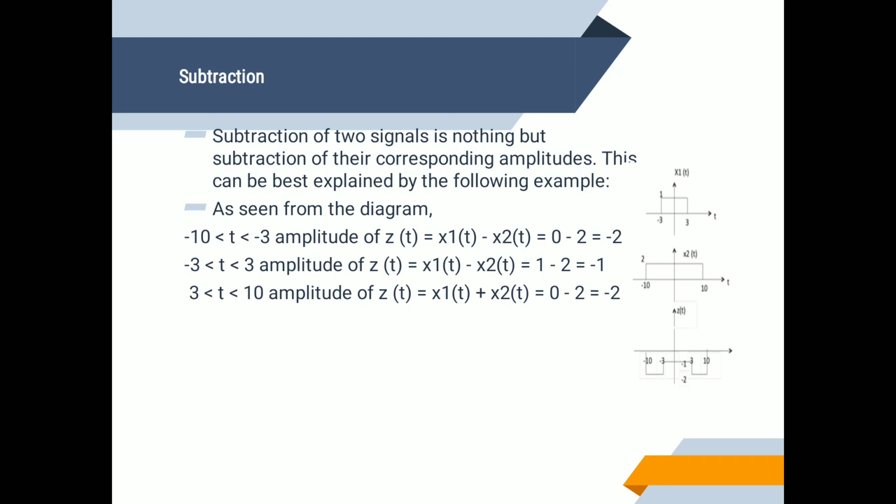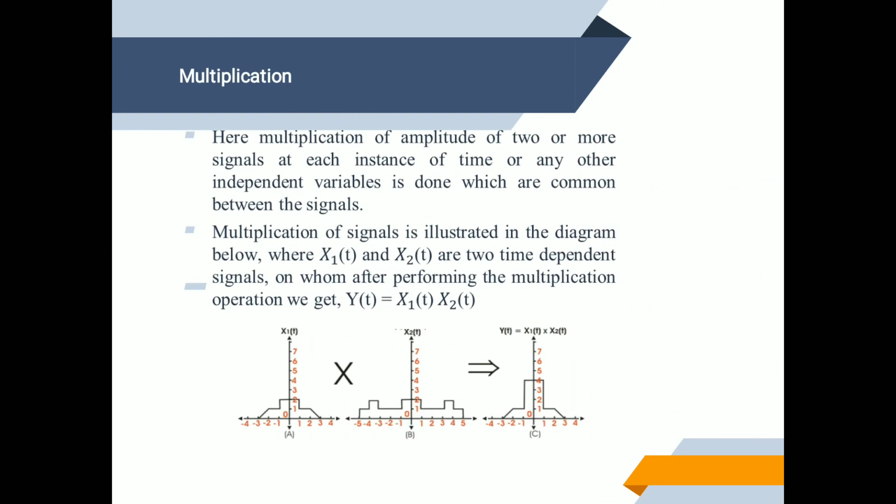When t varies from -10 to -3, the amplitude of z(t) equal to x1(t) minus x2(t), 0 minus 2 equal to -2. And when t is from -3 to 3, the amplitude of z(t) equal to x1(t) minus x2(t), 1 minus 2 equal to -1. When t is from 3 to 10, the amplitude of z(t) equal to x1(t) minus x2(t) equal to 0 minus 2 equal to -2.